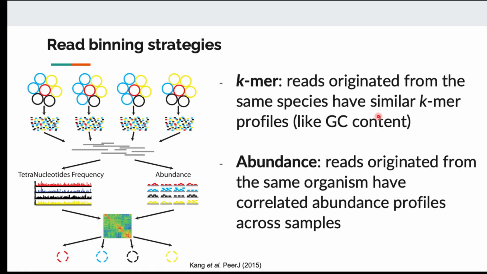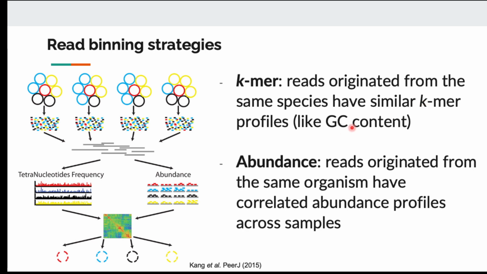So let's say we calculate within each read the frequency of k-mers, four-mers: AAAA, AAT, AAC. Our assumption is that reads coming from the same blue organism should have a similar profile, either similar GC content or similar four-mer profile. So if we see multiple reads with the same GC content and similar four-mer profiles, we might want to group them together because they might come from the same organism.